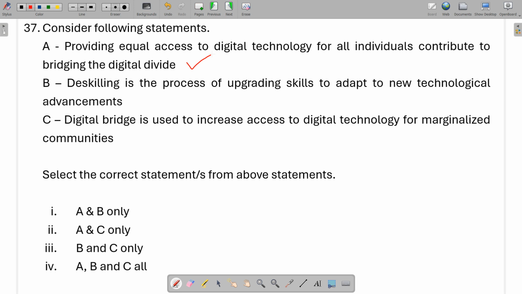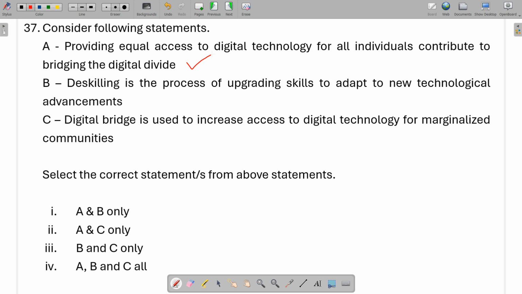De-skilling is the process of upgrading skills to adapt to new technological advancement, which is wrong. De-skilling means it is the process of getting the skill lower, or forgetting the skill, or taking off the skills from the people who were used to doing it due to the technology involvement, right?